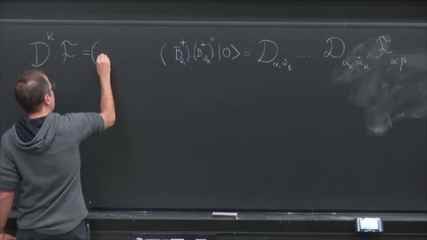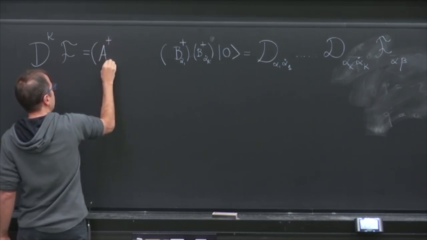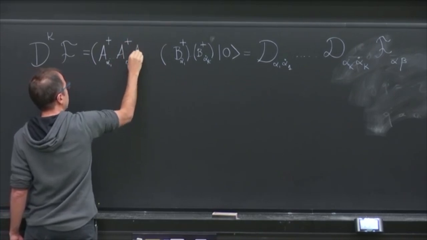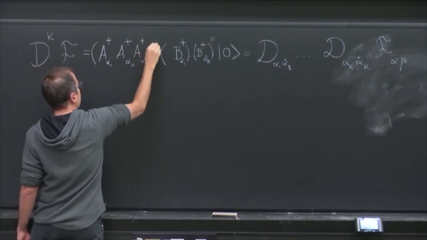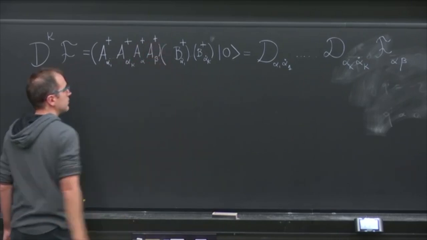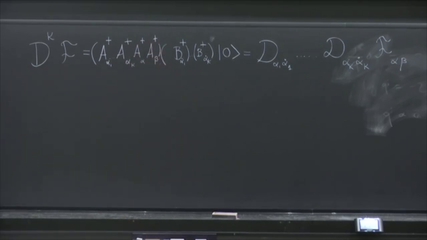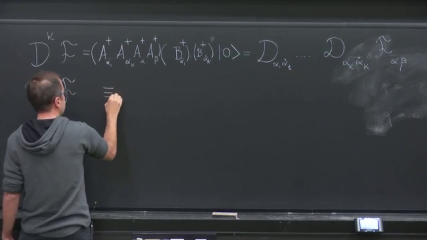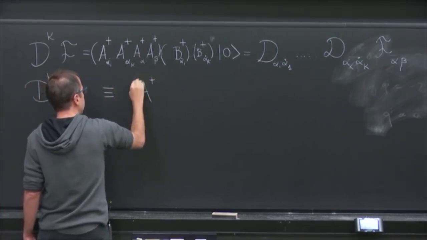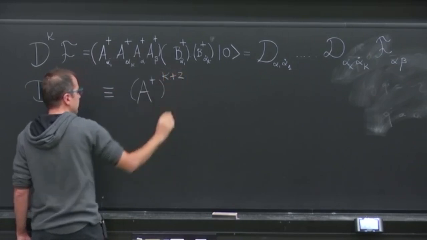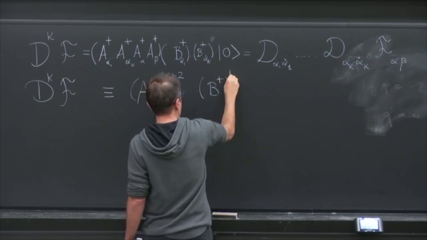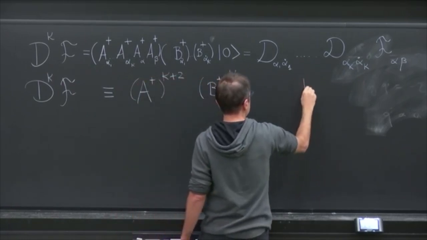And then I create the indices a dagger alpha 1 dot, dot dot, a dagger alpha k, but I also create a dagger alpha and a dagger beta. And so I think of my operator, D to the k of F, as: I create k plus 2 indices of type alpha with a dagger, and then k indices of type alpha dot, and this acts on the vacuum.